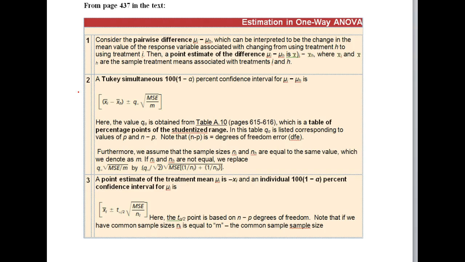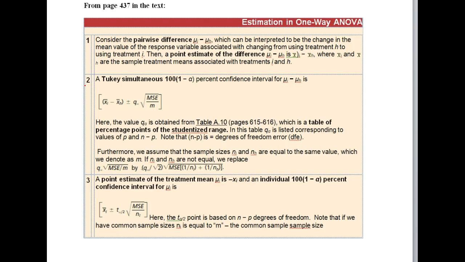Okay, so q is a new table that we haven't used. Q alpha times the square root of the MSE, which is the mean squares error, divided by m. Okay, m is, for all intents and purposes for this, just n. Okay, m is the number of pieces of data, assuming that we have an equal number of pieces of data.